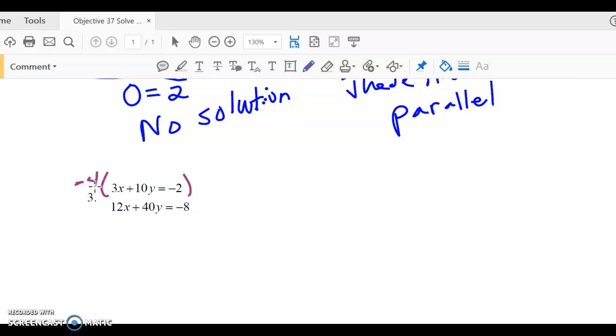So I'm going to multiply the entire equation by negative 4, because 3 goes into 12. So I have negative 12x, I have to distribute, minus 40y equals 8. I rewrite the same equation in the second scenario below it, 12x plus 40y equals negative 8.